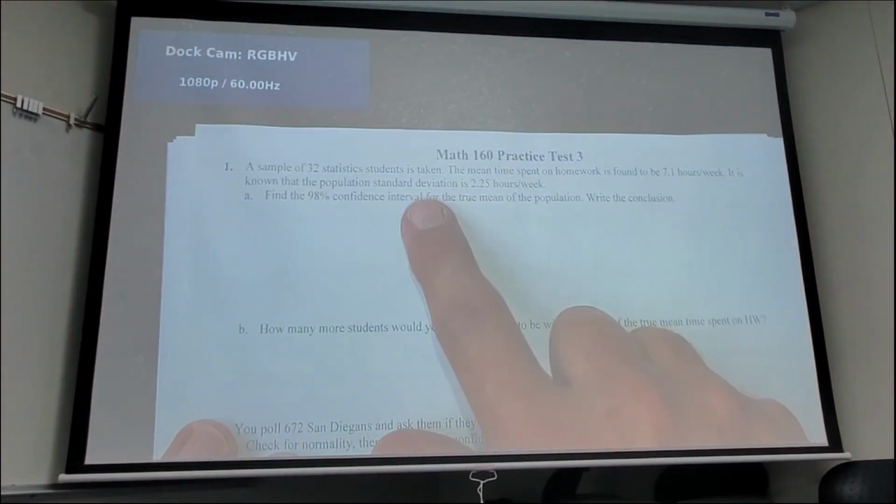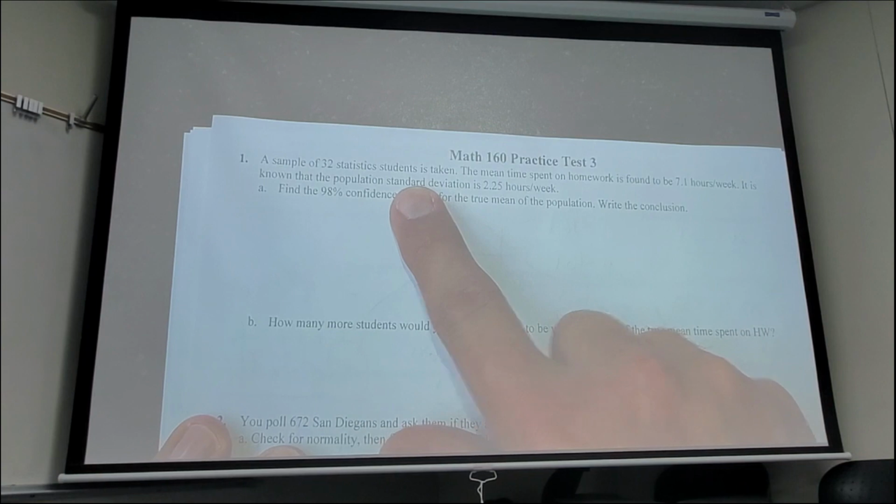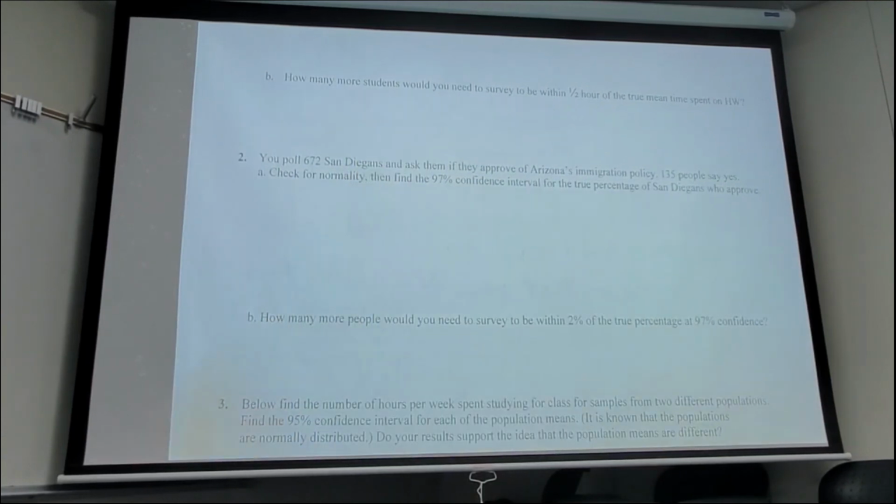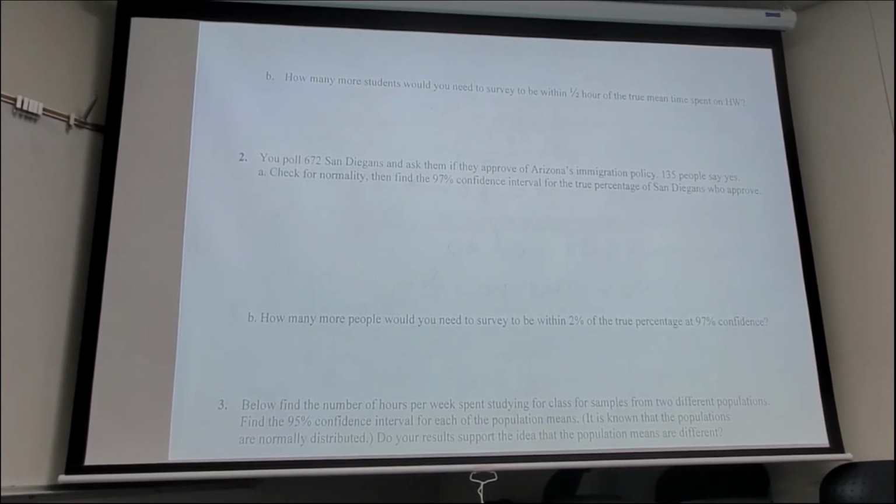How many students did we pick in the first place? 32, yes? How many more students? Now again, what that means is, if you do the work, if you do the n equals thing, you're going to get some number, that's the total number of students you need.